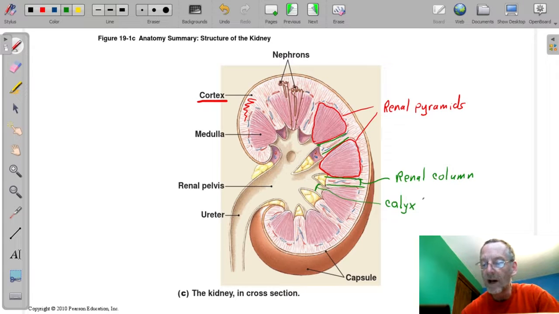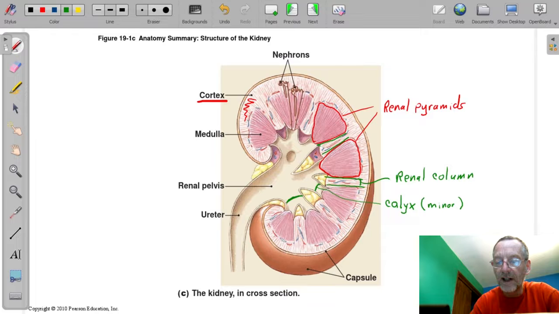So there are minor calyxes or calyces, which is plural, and then there are major calyxes or calyces that have several minor ones. Again, not a big deal to stress about.